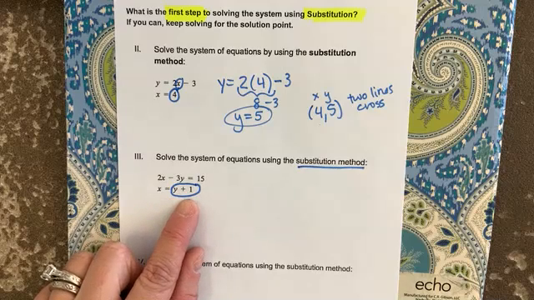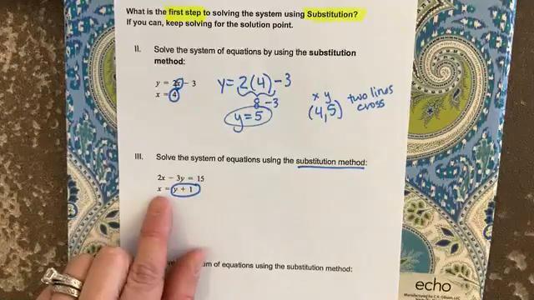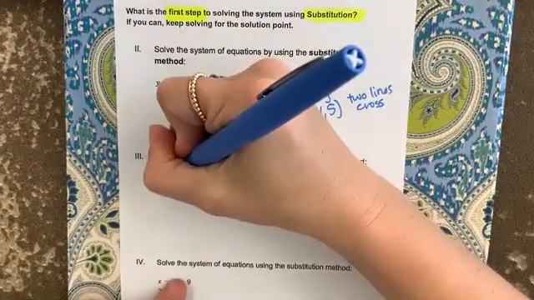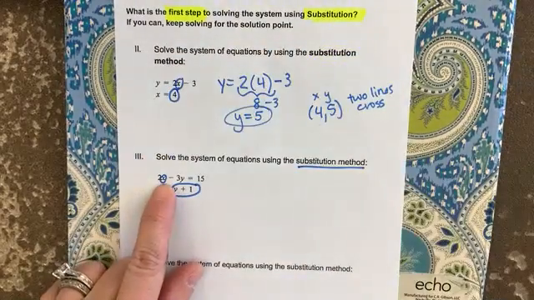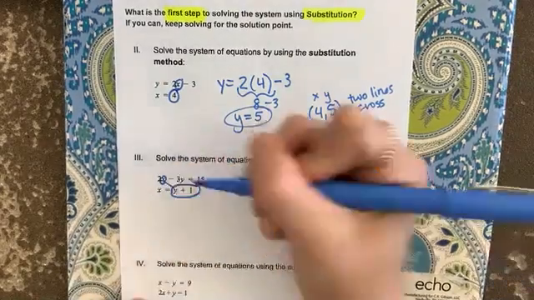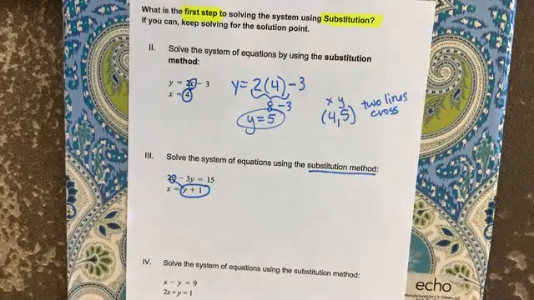And since y plus 1 is equal to x, we're going to take it and substitute it into x in the first equation. So I want you to try to write that new first equation, plugging in the second equation into the first equation.